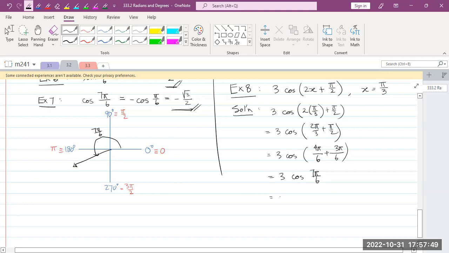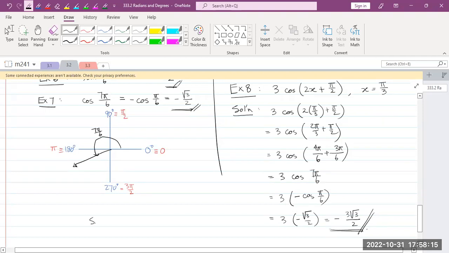So this is equal to 3 times cosine of 7 pi over 6, which is in quadrant 3. So cosine is negative. The reference angle is pi over 6. So this is 3 times negative radical 3 over 2. That is negative 3 radical 3 over 2. Okay, that's how we compute it.